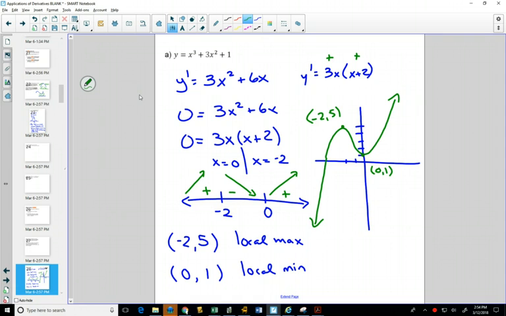And we've got a really quite accurate sketch of our graph. We know what its maximum is, we know what its minimum. This one has no stationary points of inflection.